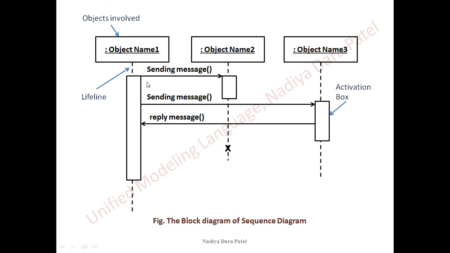So if you are sending the first message, after the first message the activation box should be drawn. Similarly, I have sent a message to object 3. As soon as it has received a message, the activation box has got alive, and I have drawn the activation box after it received a message.